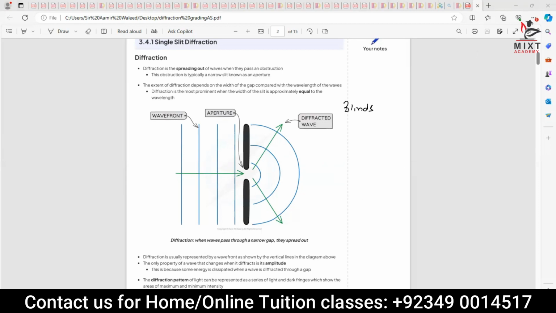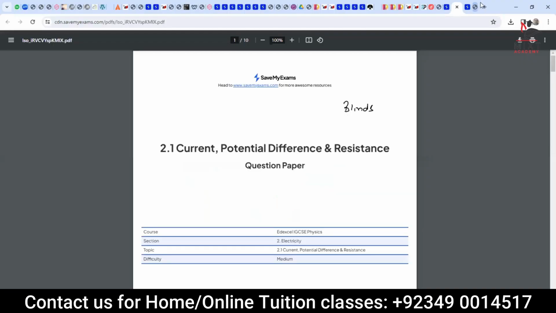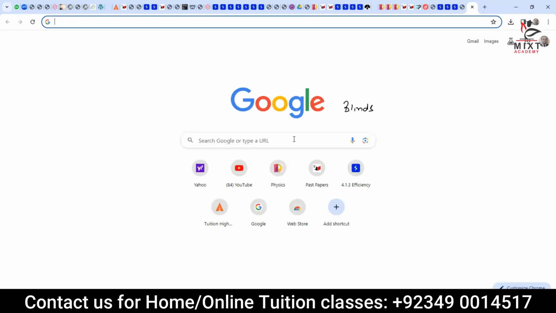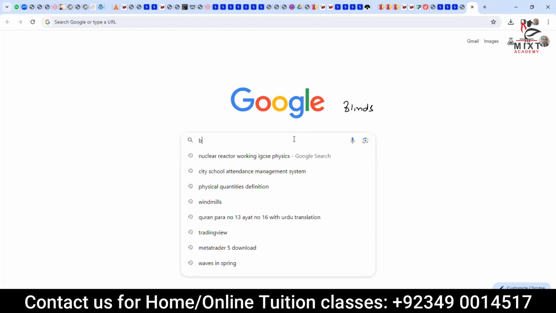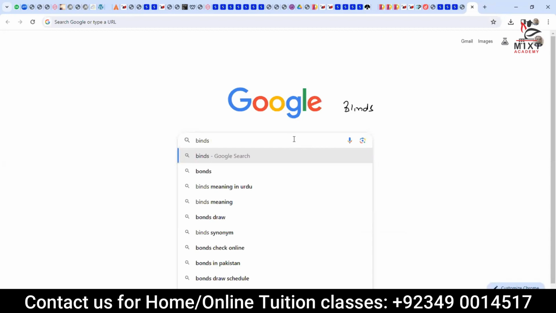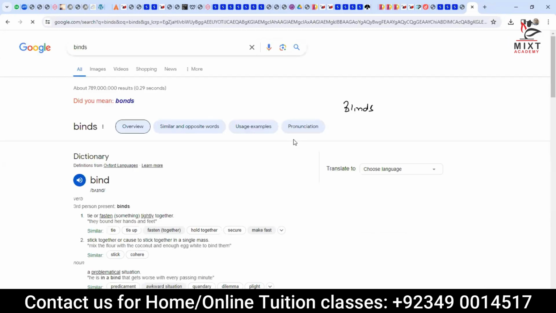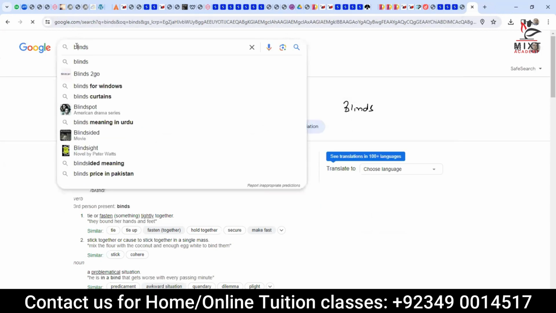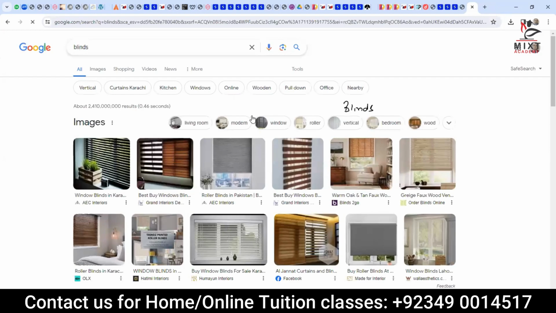I'll show you. Normally, blinds are some sort of curtain, but a special curtain which saves you from direct sunlight. Blinds, B-L-I-N-D-S. Now, what are these things? Let me show you the blinds. These are the blinds.